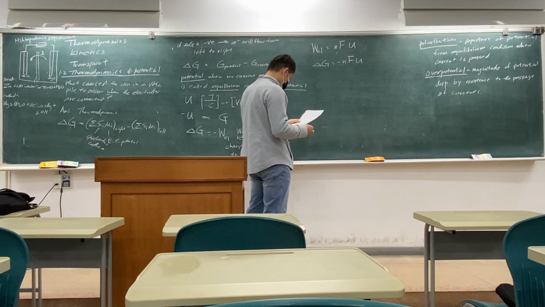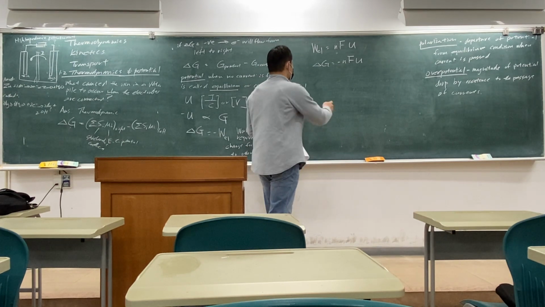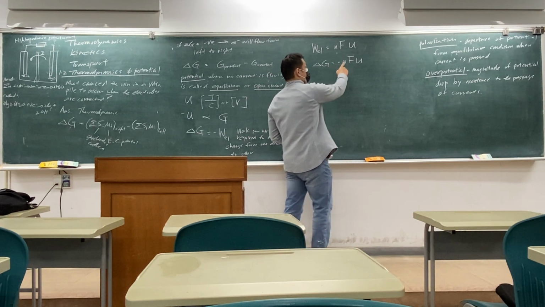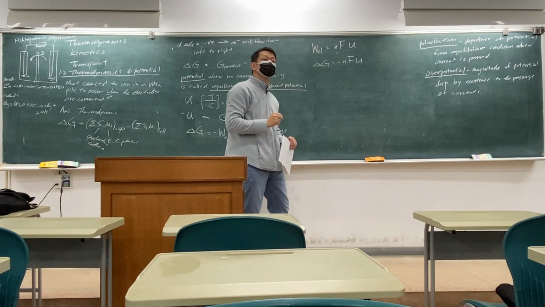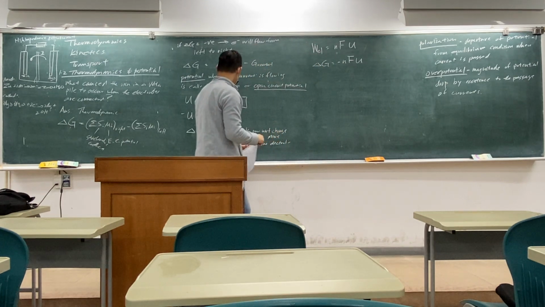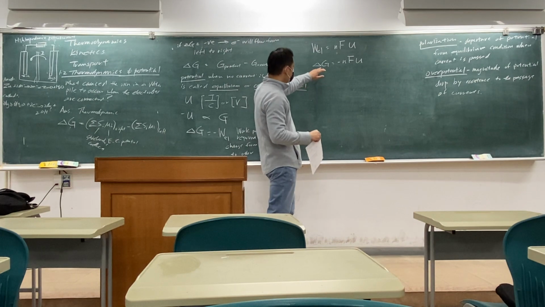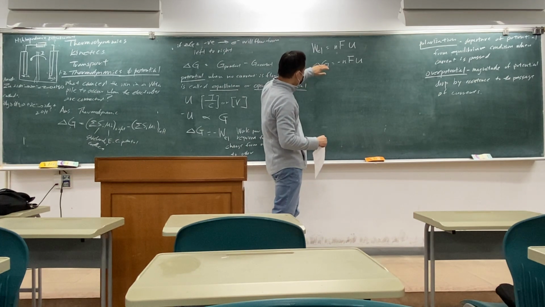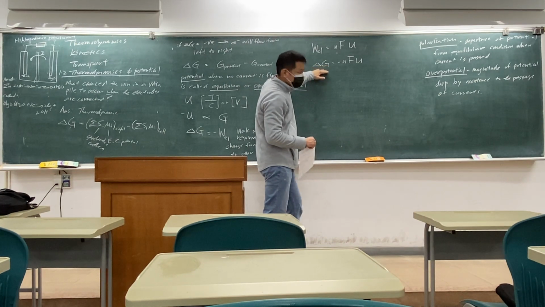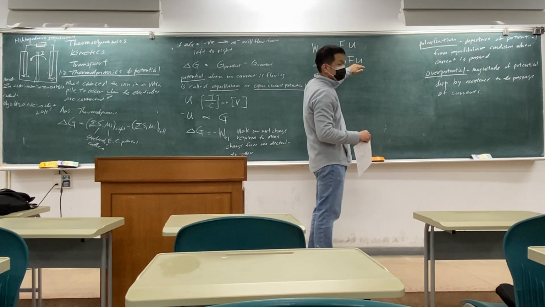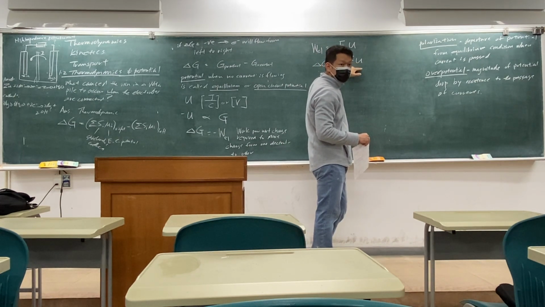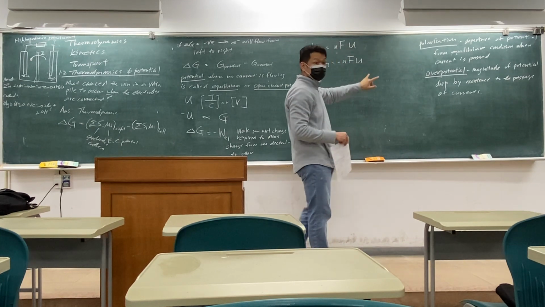So now we have delta G is equal to minus NFU. Good? So now we have a way to relate the change in Gibbs free energy to the equilibrium potential, or the open circuit potential. Okay, both these are energy.